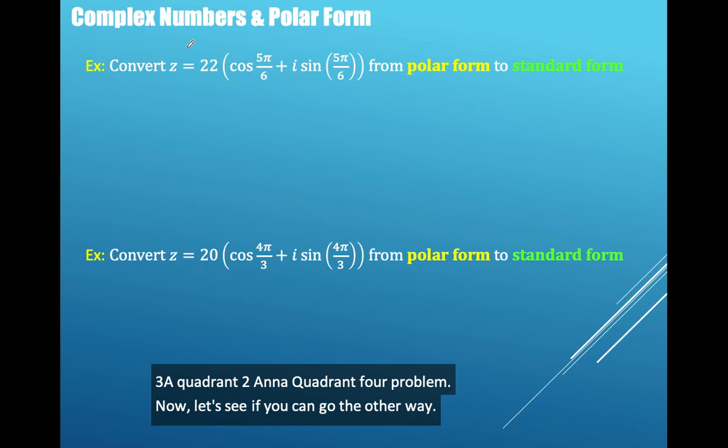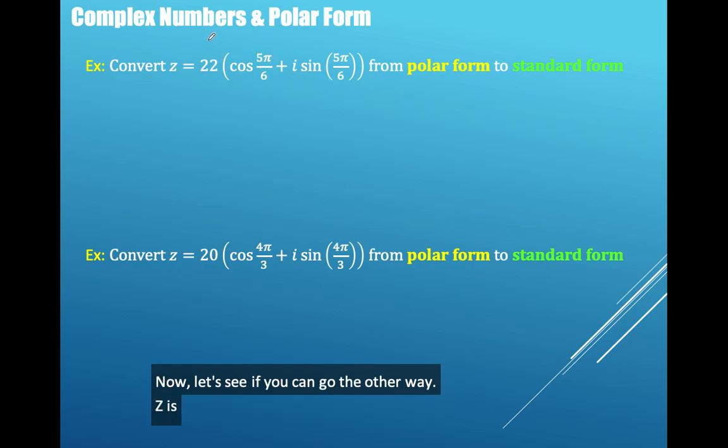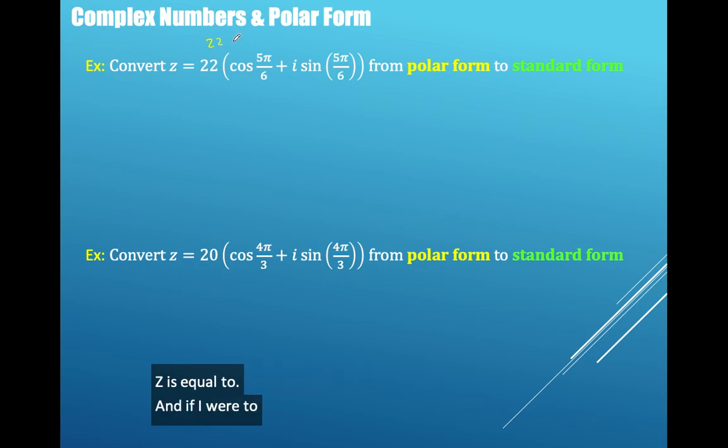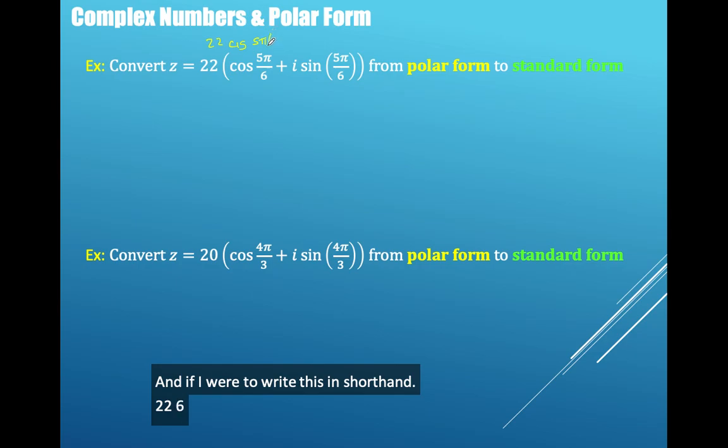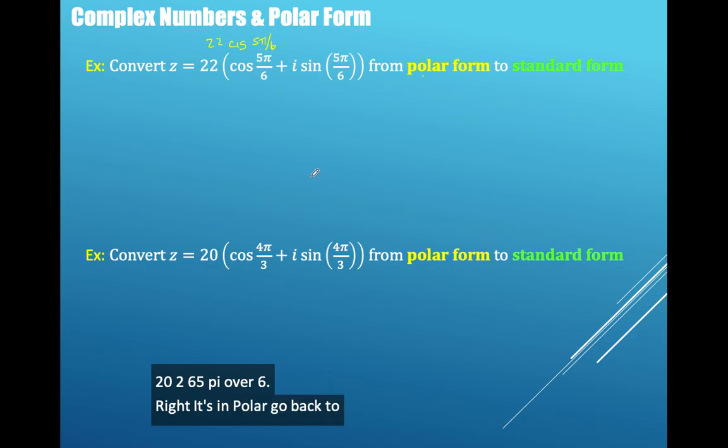Convert z is equal to, and if I were to write this in shorthand, 22 cis 5 pi over 6. It's in polar, go back to standard. So how do you do that?